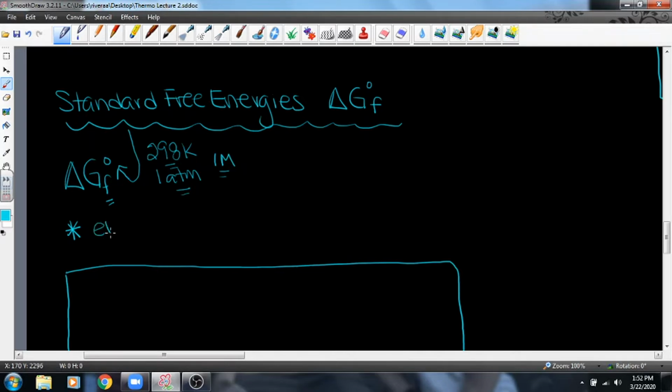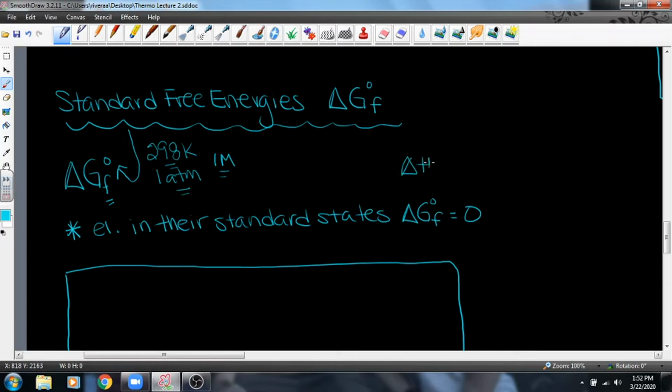So elements in their standard states have free energies of formation that are equal to 0, just like heats of formation for elements in their standard states are also 0.